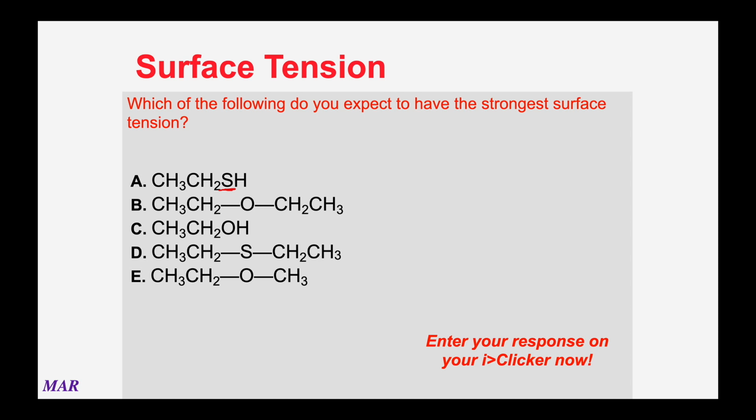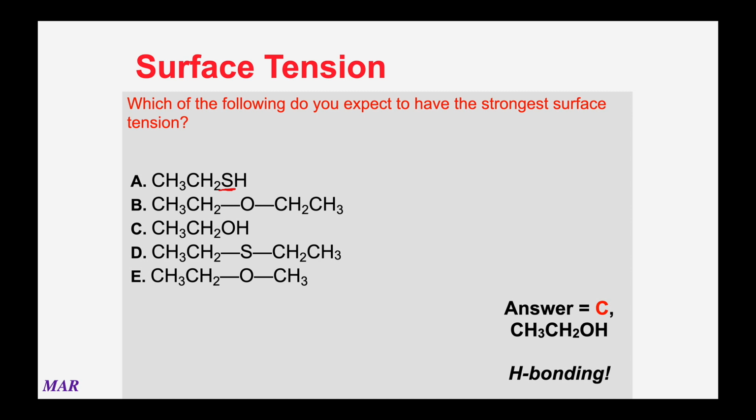The third one, though, has that magical OH, and OH is one of the possibilities you can have for hydrogen bonding. The OH can connect to another OH and make that happen. If you quickly look at D and E, they're a lot like A and B. They either have sulfur or they have oxygen not connected to a hydrogen. So I would predict that answer C is the right answer, and it is.